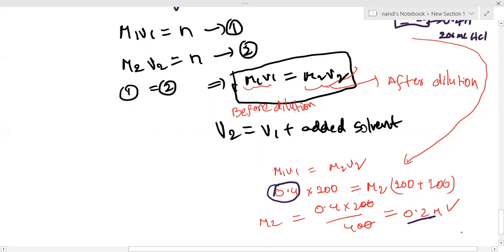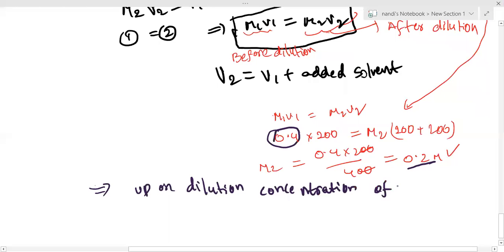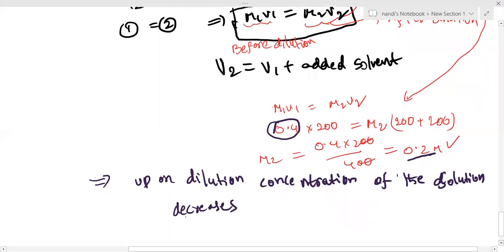You can note down that point. Upon dilution, the concentration of the solution decreases. I hope you understood, everyone.